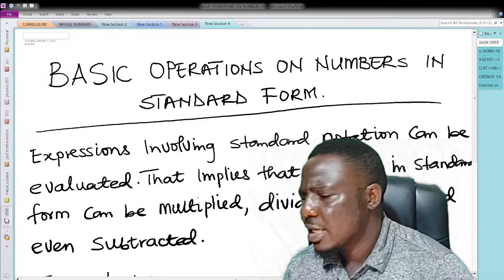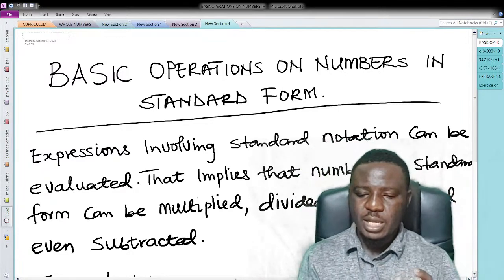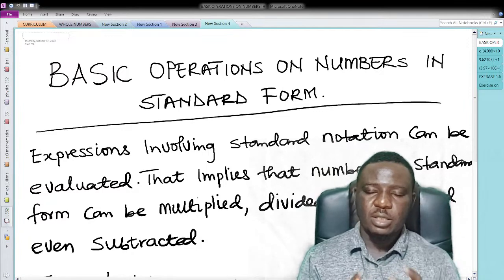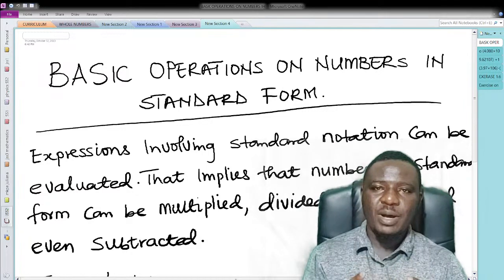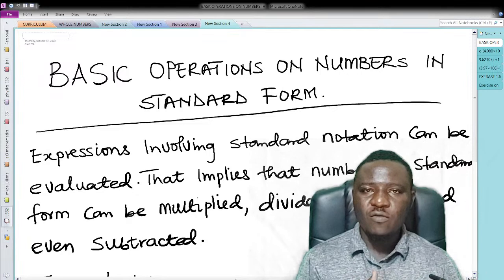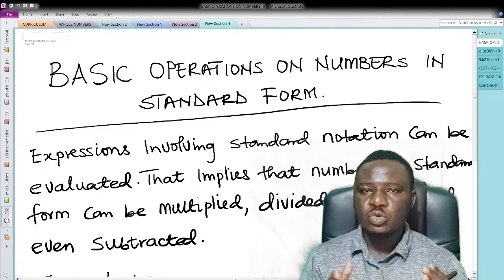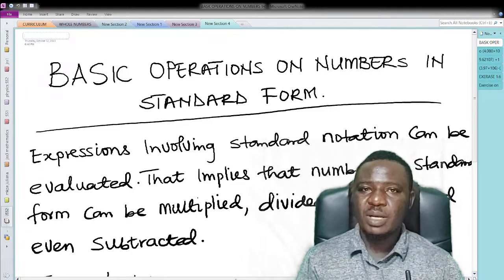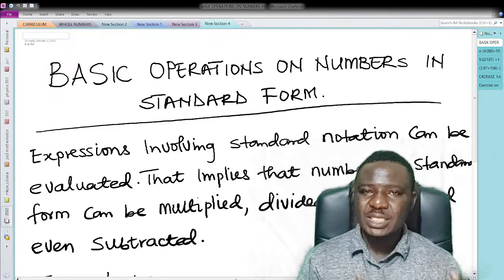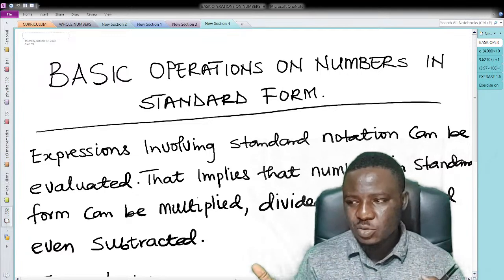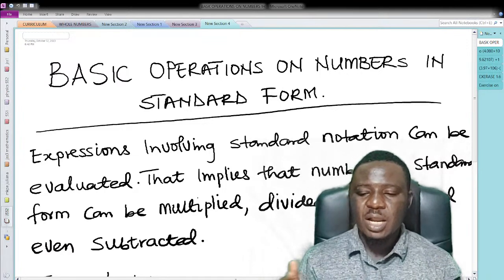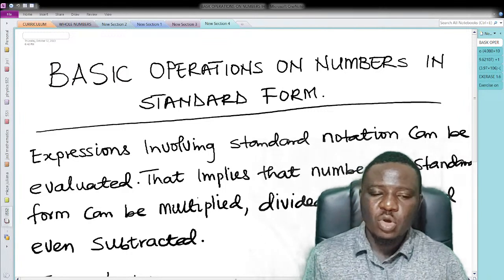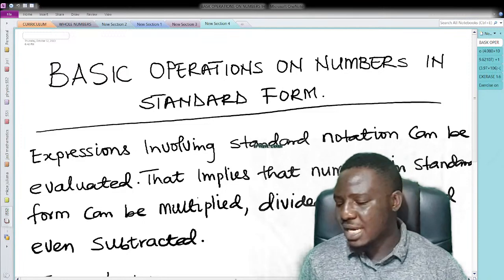All right. Now we have seen how to express numbers in standard forms and how to convert numbers back from standard forms to whole numbers as well as to decimal numbers. That was what we did at the last two classes. Now, in today's class, we shall be looking at the basic operations on numbers in standard forms.